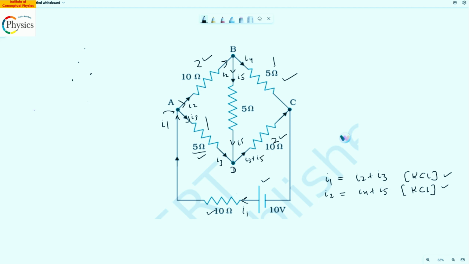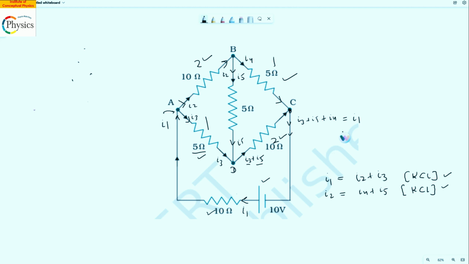So let's talk about C now. At C, I4 is entering and I3 plus I5 is entering. Two currents are entering at C. So what is the outgoing current? The incoming current for C is I3 plus I5 plus I4, right? And the outgoing current is equal to I1.